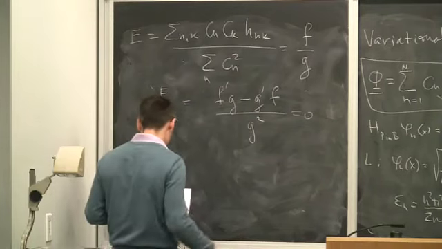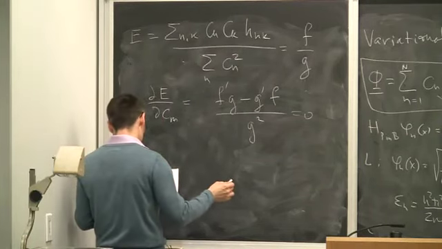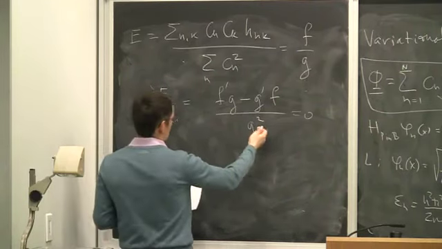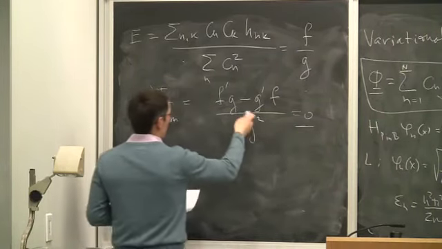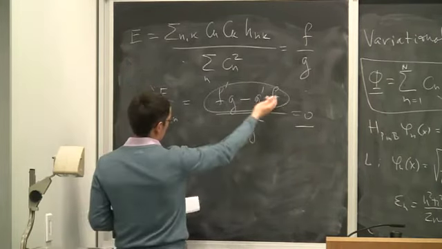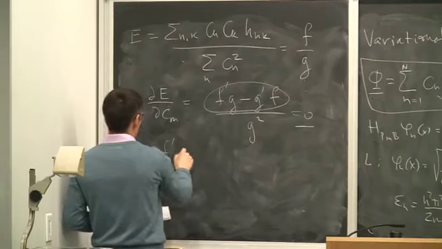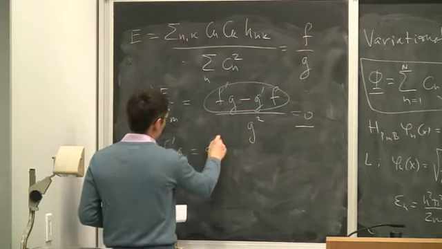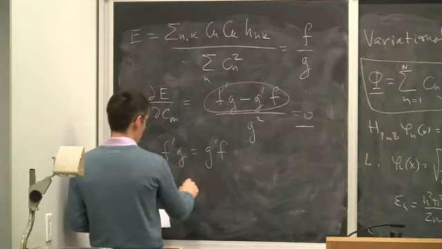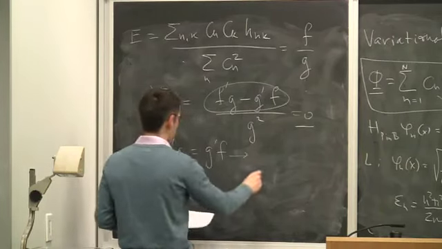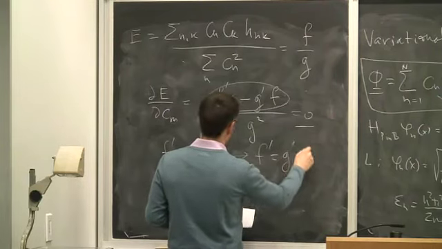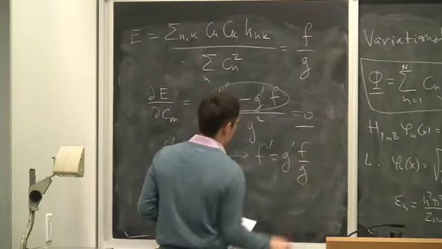Now, back to this equation. It turns out that you can simplify it because since we're looking for 0, it's enough that the numerator is 0. F prime g equals g prime f. Okay? And then from that you can deduce that f prime is equal to g prime times f divided by g.